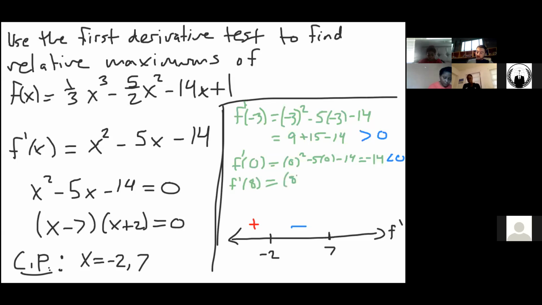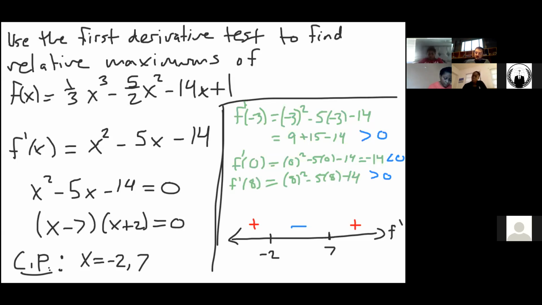So this would be 8 squared minus 5 times 8 minus 14. And just for the sake of time, I'll tell you, while you do this calculation, you end up getting a positive number. You're welcome to finish the calculation on your own. But you'll see that's positive, and that means for my derivative, everything to the right of 7 is a positive value.